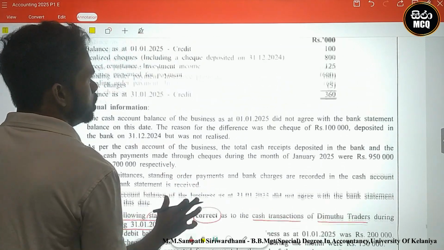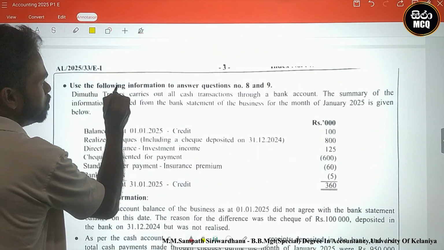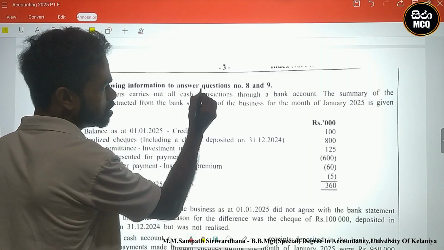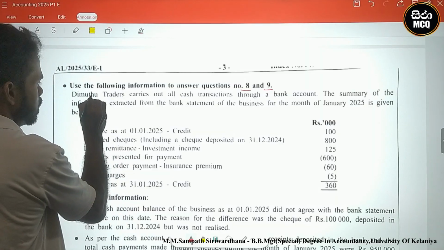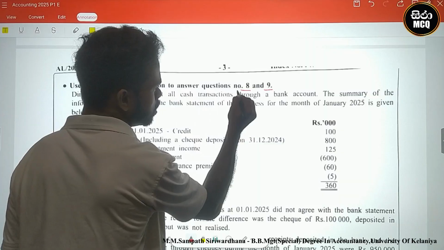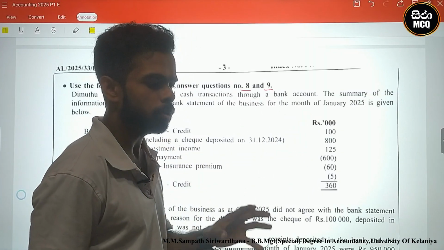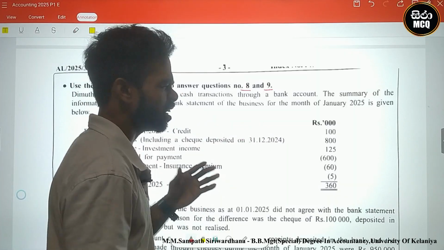Look here, the additional information is there. Use the following information to answer question number 8 and question number 9. Okay, look here. Dimuthu Traders carries out all transactions through the bank account. You know, all transactions are carried out using the bank account, the current account.